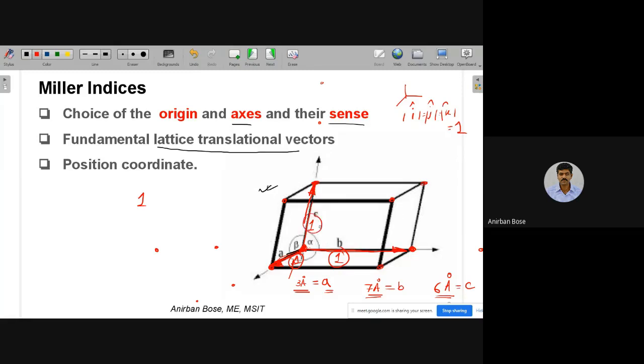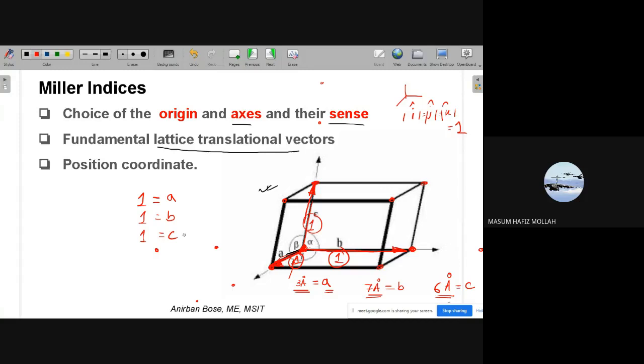This is very important to understand: the unit vector in the A direction is of length a angstrom, in the B direction it is b angstrom, and in the C direction maybe it is c angstrom. So the unit vectors have different lengths, but we are writing them as unit vectors in that direction. This is basically the length of the period in that direction. Okay, so up to this much, is it clear or not?